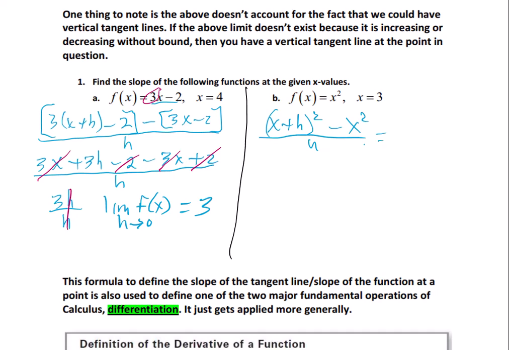Okay, that gives me x squared plus 2hx plus h squared, then minus my y1. All of that's over h.